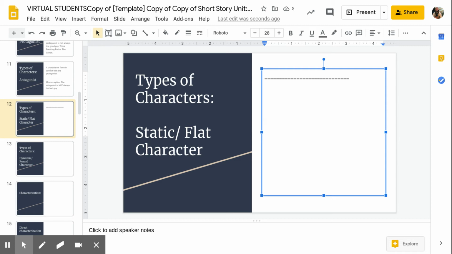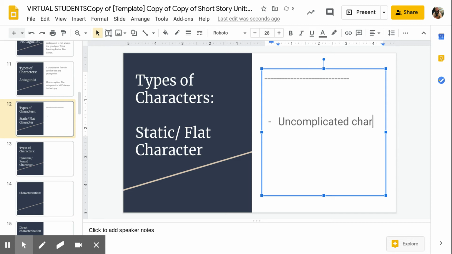There's no life to it. So that's what makes it static. A static or flat character is basically a character who has no changes. They just stay the same the entire literary work, whether it be a novel, short story, or poem. So that makes them uncomplicated.